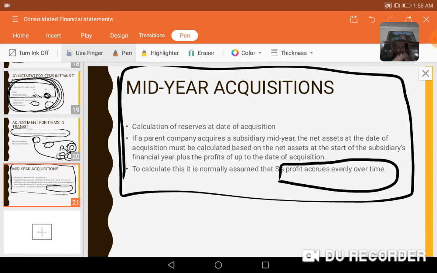Therefore, we'll only be entitled to 3 months' profit. So it's 3 divided by 12 times 12,000, and the profit entitled to the group will be 3,000.